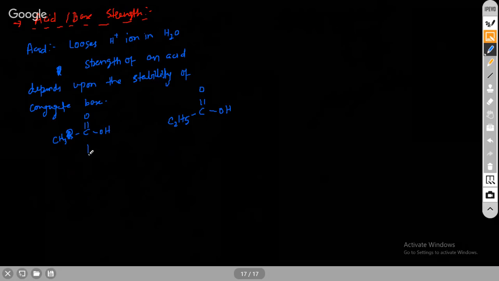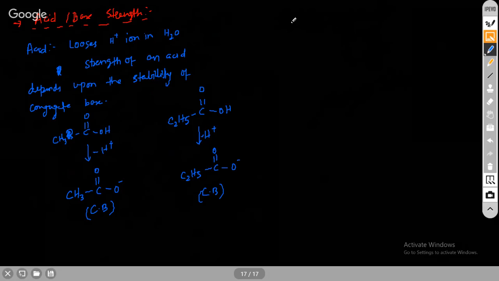So what we'll do, we'll just form the conjugate base of these, minus H plus. When this loses H plus, it forms CH3COO minus. And when this loses H plus, it forms C2H5 C double bond O and O minus. Correct. Now, this is the conjugate base of this acid, and this is the conjugate base of this acid.